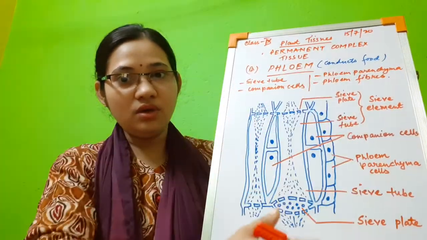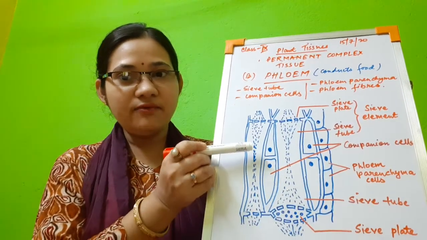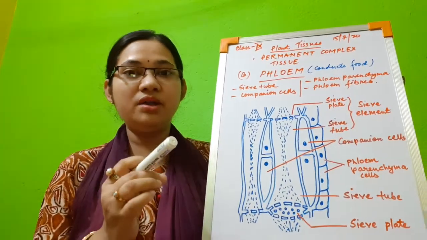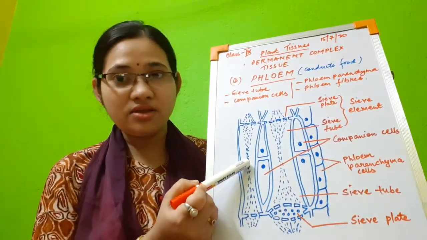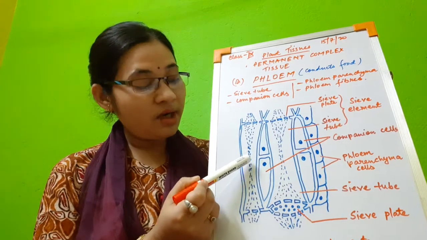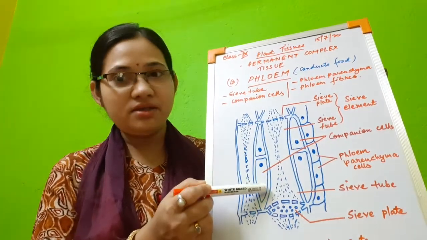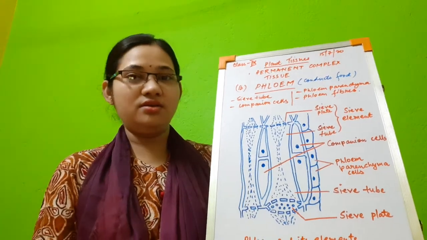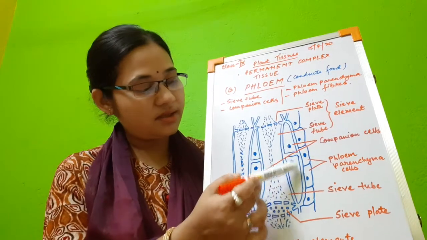Because their function is conduction, they need some other cells to nourish them. Those cells are called companion cells, which are present adjacent to the sieve tube cells.